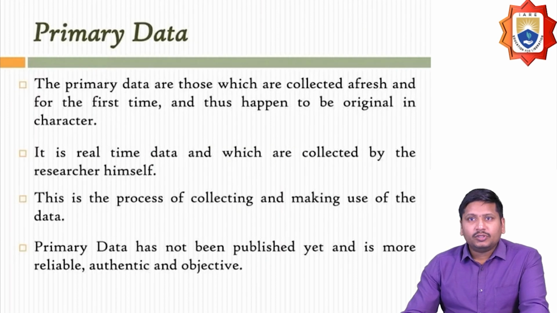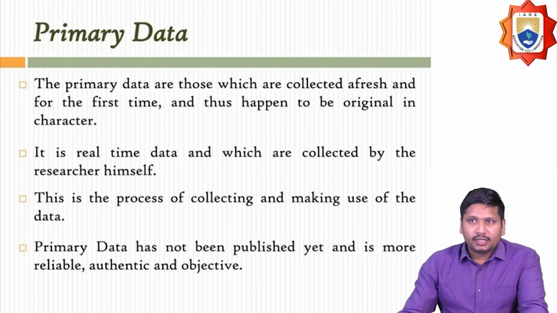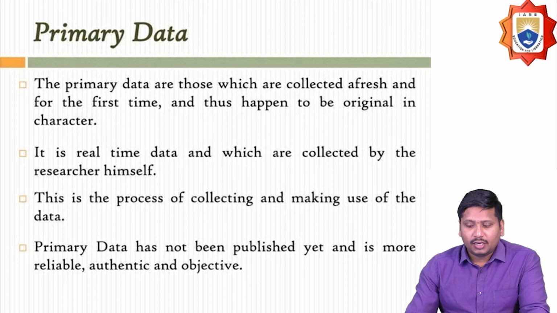Primary data is the data that is collected for the first time and is thus original in character. So primary data means the original data, collected for the first time. This is real-time data, which is collected by the researcher himself, or by various investigators or researchers.